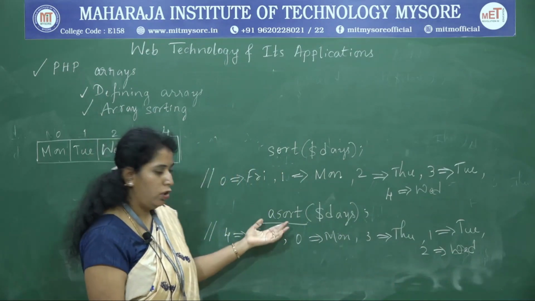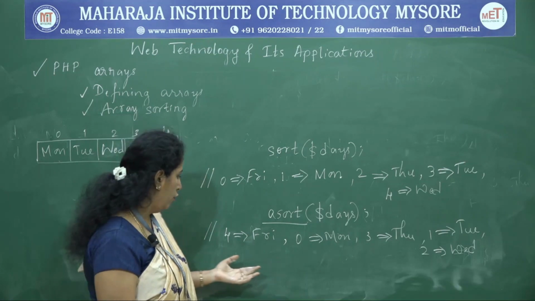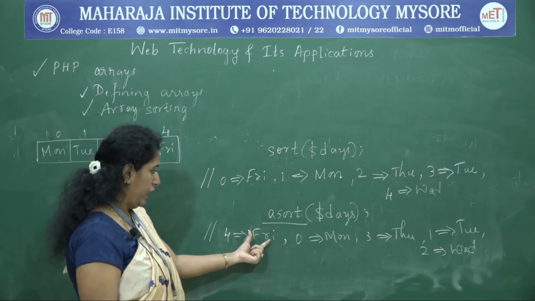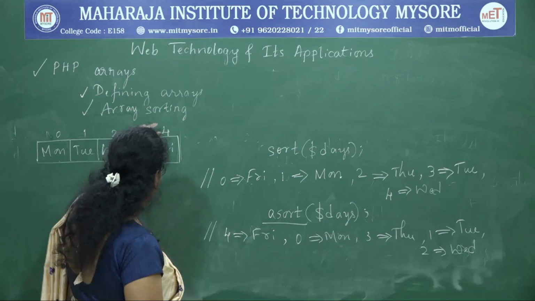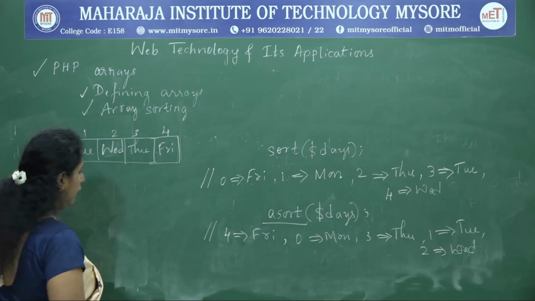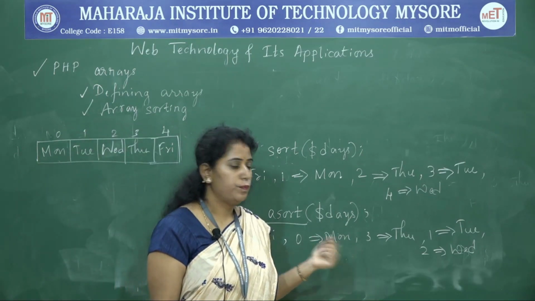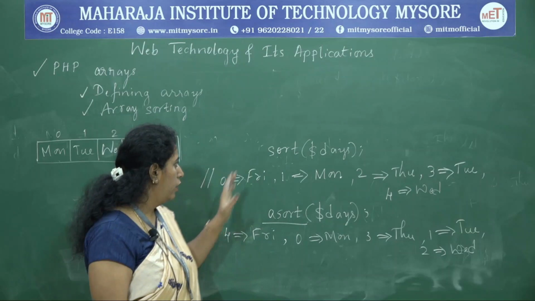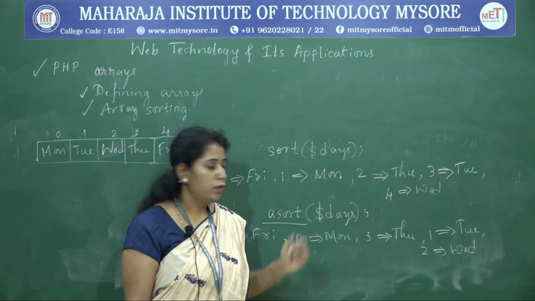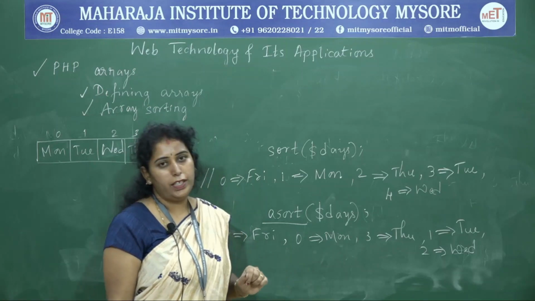So when you call asort, this will be the output. Now let us check. Friday, yes, its key is 4, it is printing. Monday, yes, its key is 0. Now it has been corrected. So this is all about how to make use of asort to sort the elements with respect to keys.